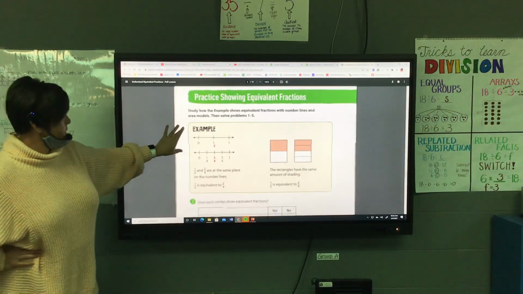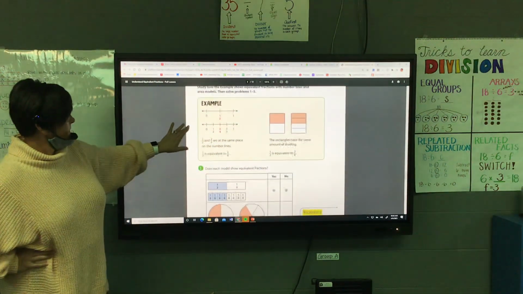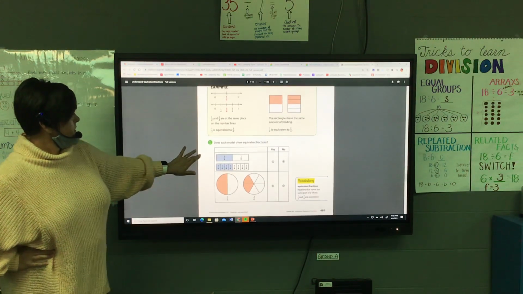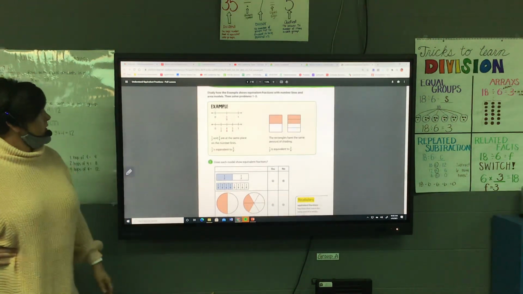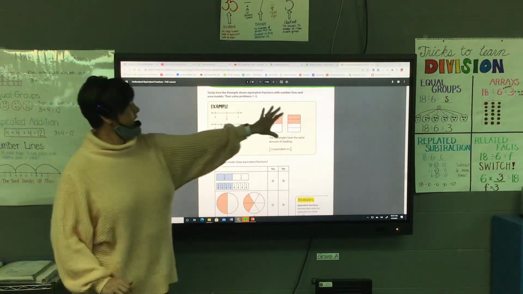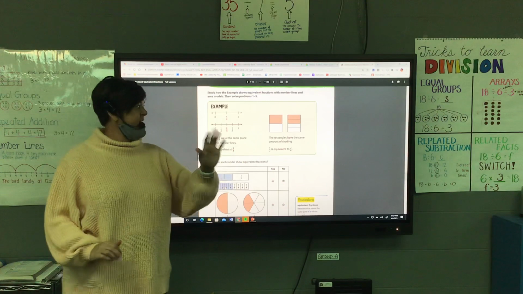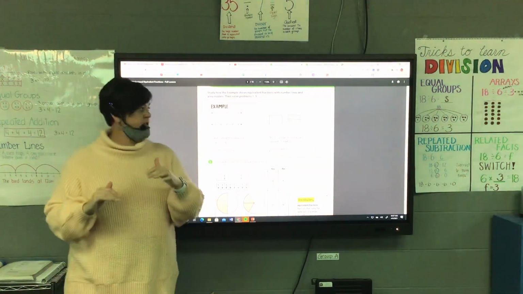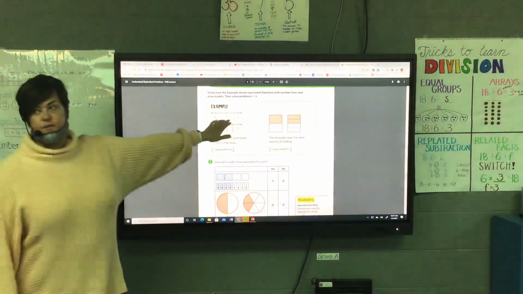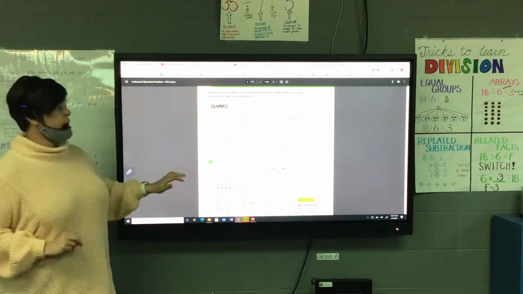Go back to a smaller page here. Okay, so here they have number lines on the left, and over here on the right, they have those fraction bars. So they've split this first number line into 2 equal parts.